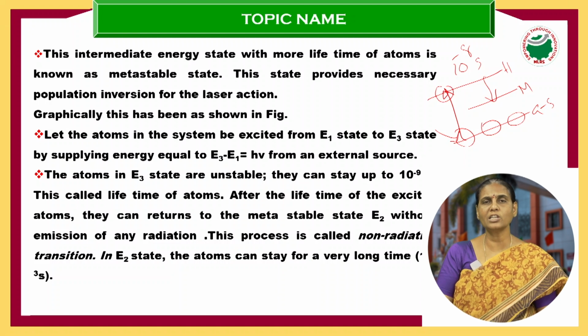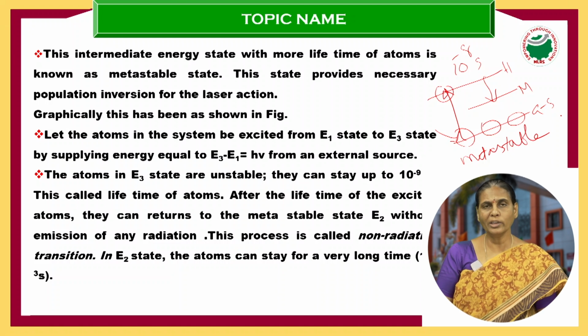Here the next energy state is the middle energy state, which is also called the metastable state. Now, when you see the time in these two energy states, the atoms in the higher energy state stay for 10^-8 seconds.